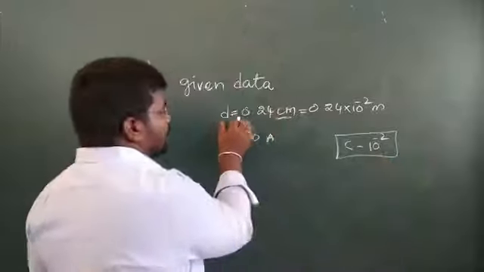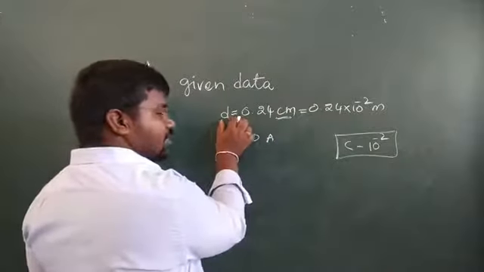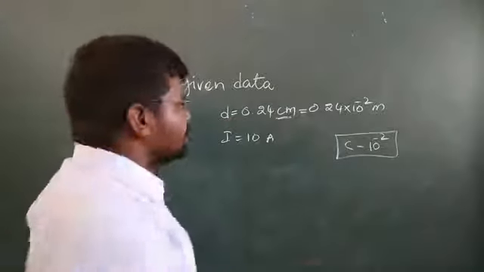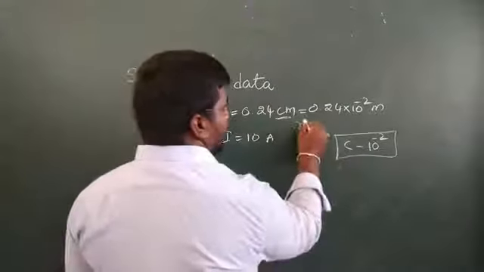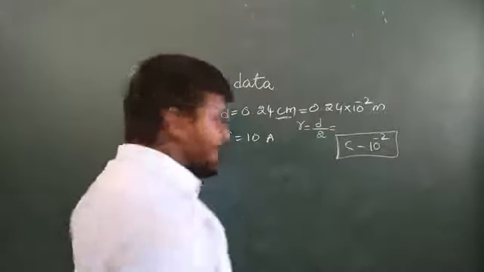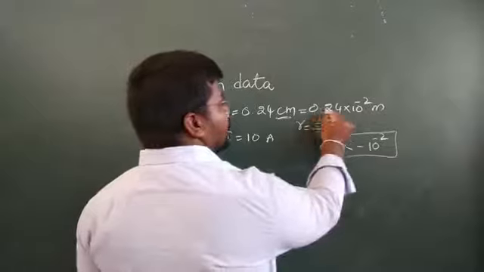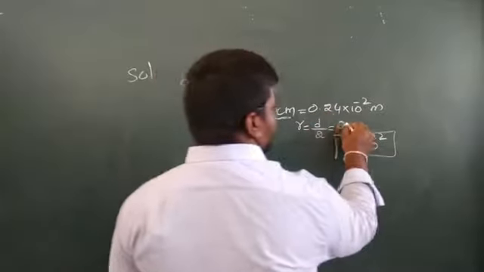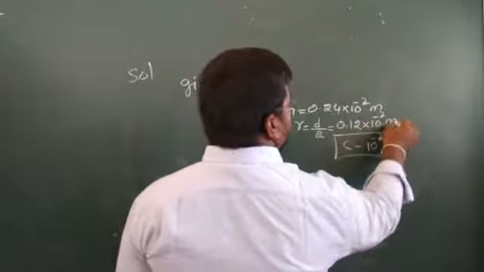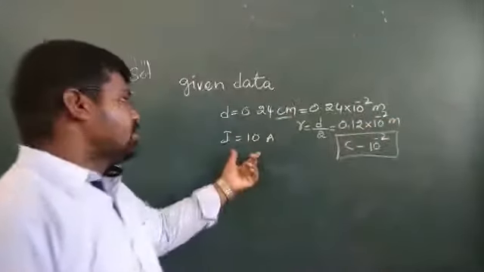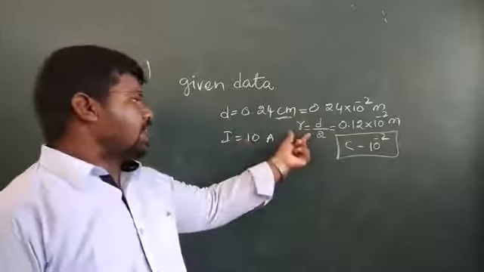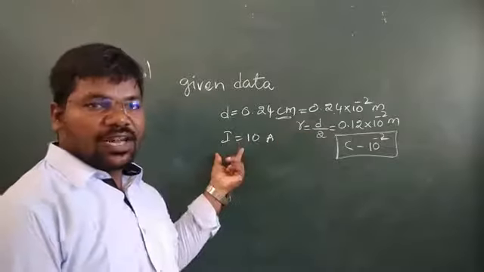Here this is the diameter. How can we find the radius? R is equal to D by 2, that is 0.24 by 2, which is 0.12 into 10 power minus 2 meters. And the current is 10 amperes. They gave the radius and current.